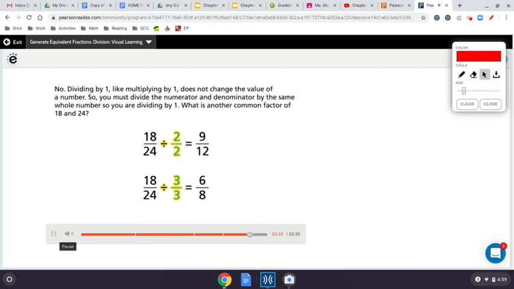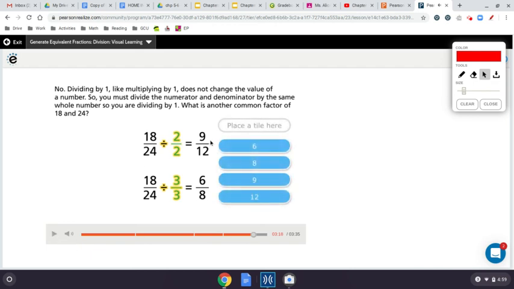What is another common factor of 18 and 24? If you remember before, I did some work and I figured out that 6 was another common factor. I can't do 8 because I can't do 18 divided by 8. That would not work. I can't do 9 because I cannot do 24 divided by 9, and I can't do 18 divided by 12.